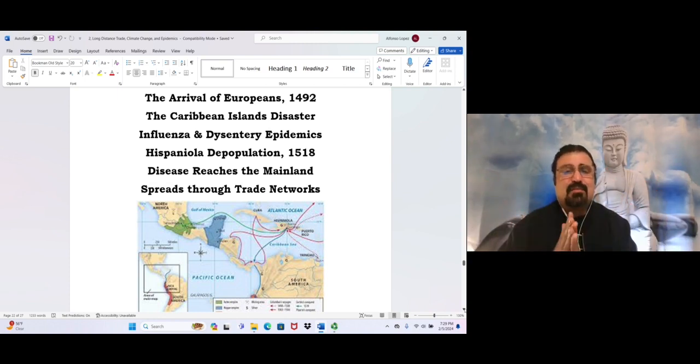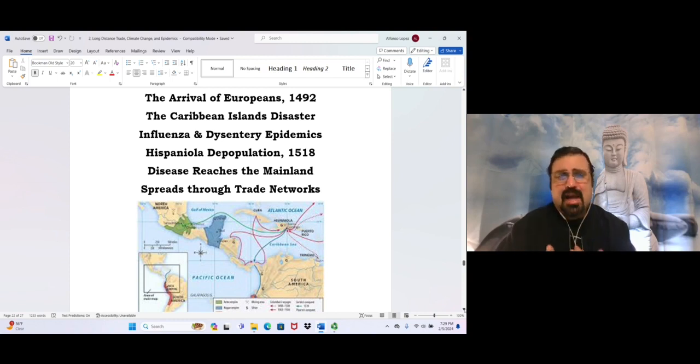This is when we're going to see the very first population catastrophe occurring. In other words, this is the beginning stage of this population catastrophe in the Caribbean islands, with outbreaks of influenza and dysentery affecting the Native American population.